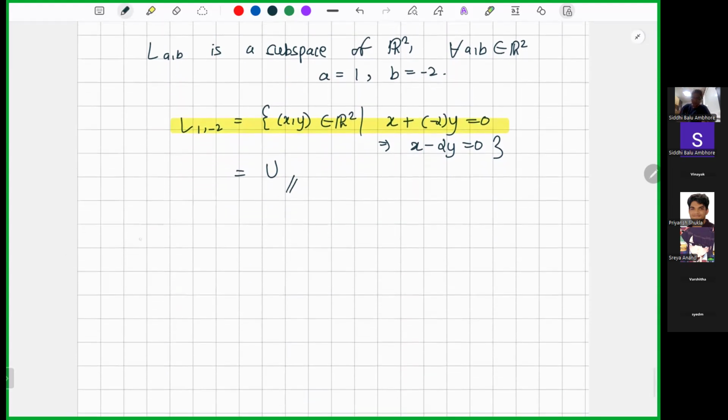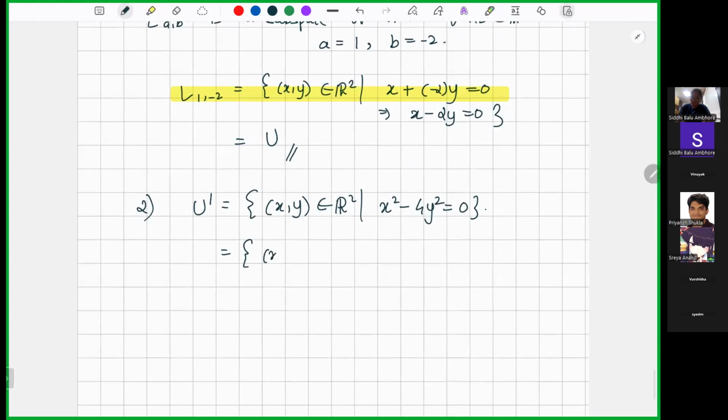Now to check the second part, that is u dash, this is a bit different than what we did before. This is x square minus 4y square is equal to 0.